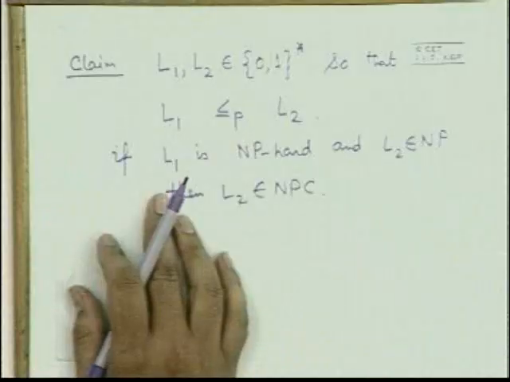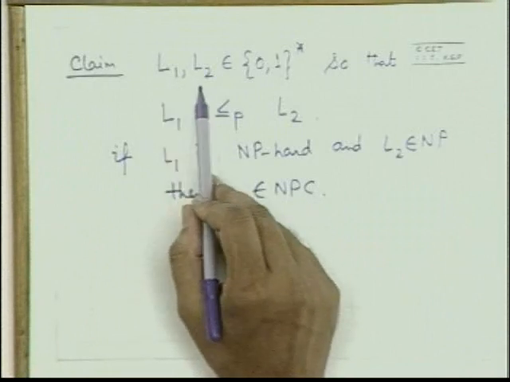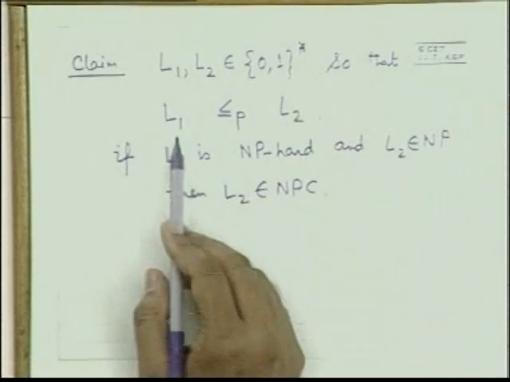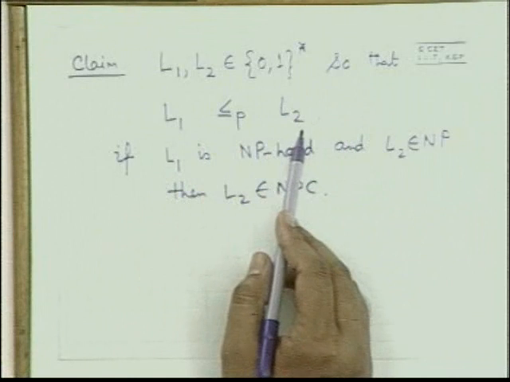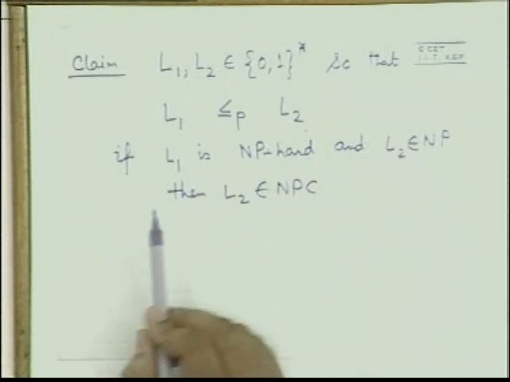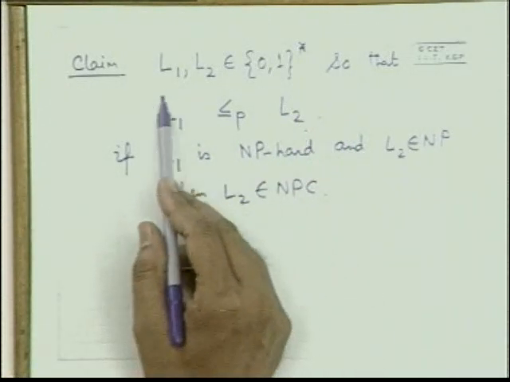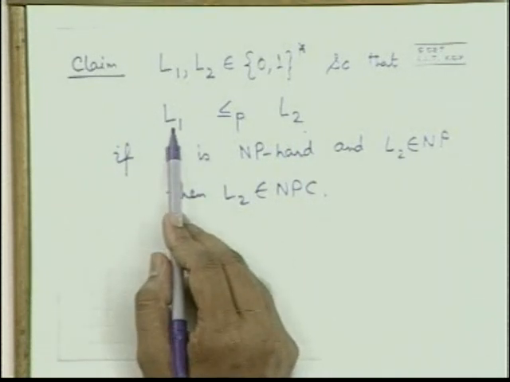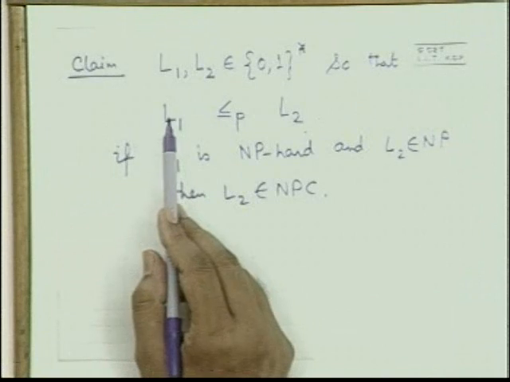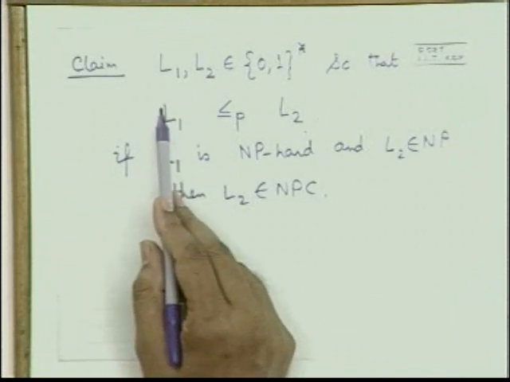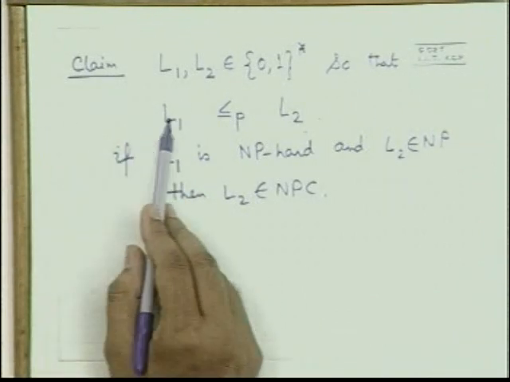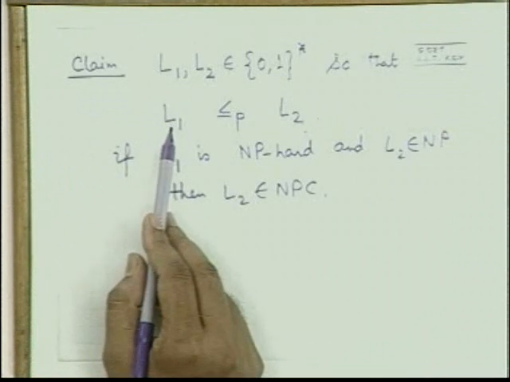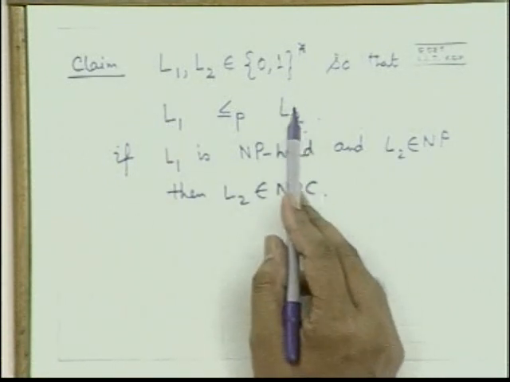Now, this is the claim. If you take two languages L1 and L2 so that L1 can be polynomial time reducible to L2, and suppose you have proved that L1 is NP hard, you don't have to show that L1 is in NP. Suppose the only thing you have shown is that L1 is NP hard, that is, all problems in NP can be reduced to L1. And L2 belongs to NP.